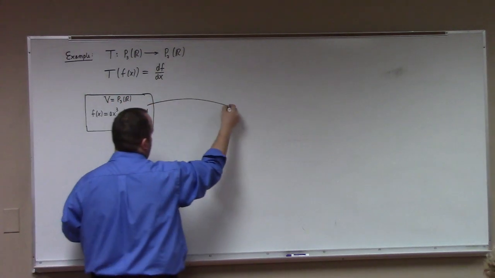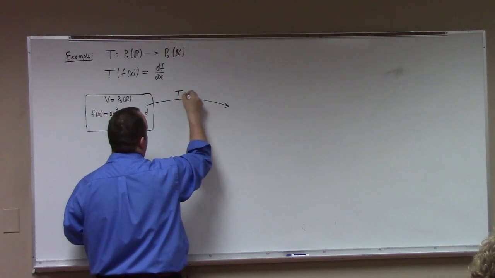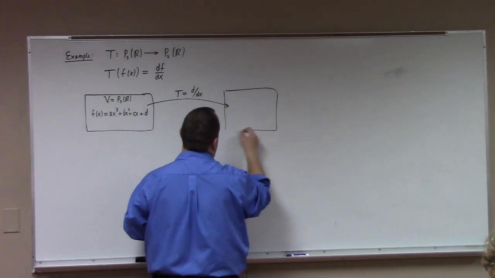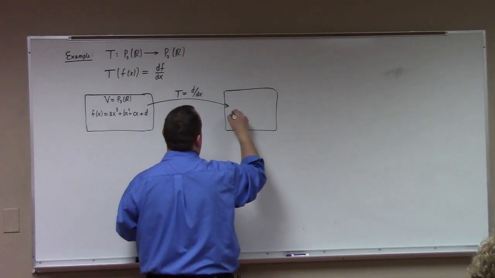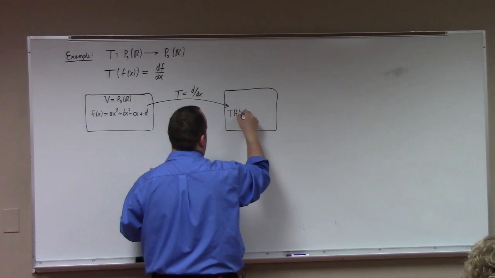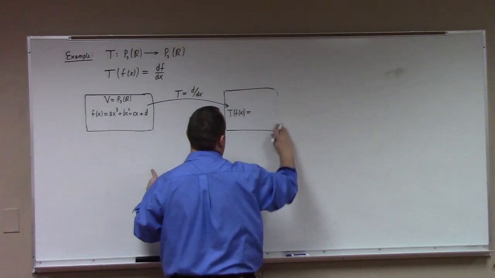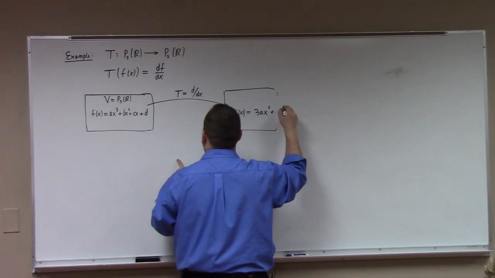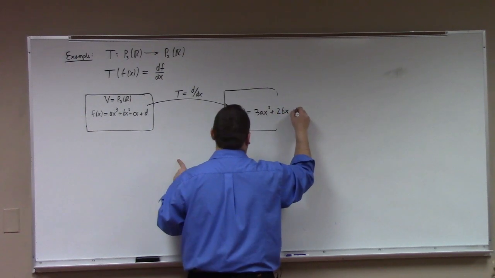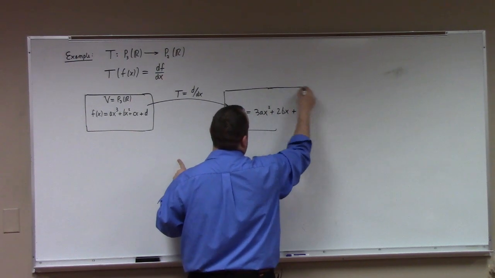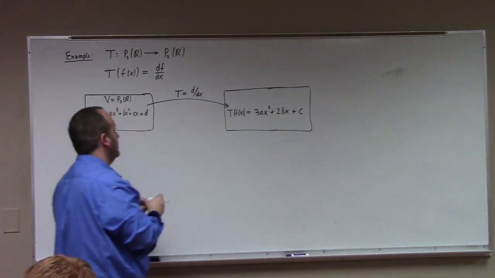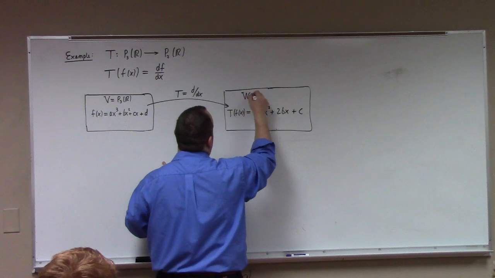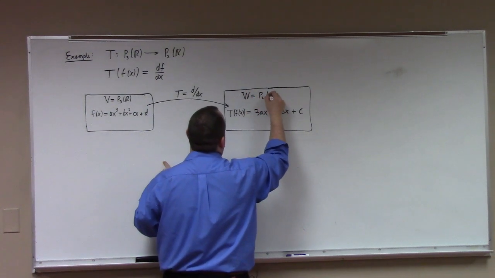I take my transformation T, which is the differentiation map. You guys know that one. So T of f of x is what? 3ax squared plus 2bx plus c. All right. Great. Now, that's my W, which is P2 of R.